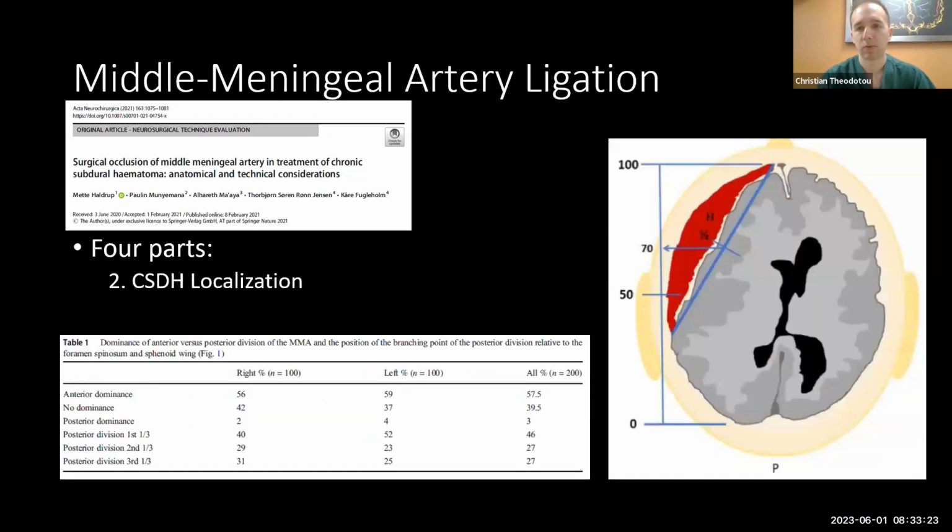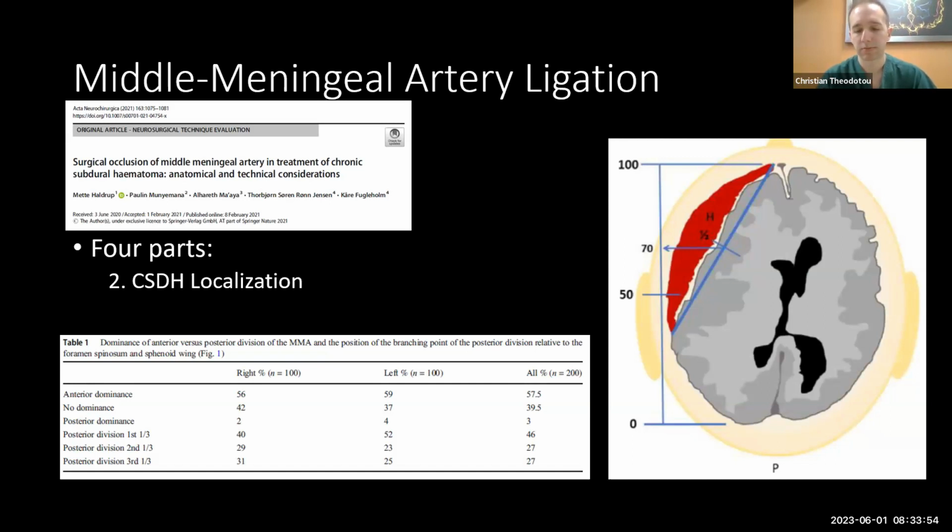The interesting thing about the study is they had different levels of how much technology you had, whether you had a CT scan or frameless neuronavigation, in order to treat these things without endovascular support. This is the way they were able to localize which branch of the MMA was feeding the subdural, or suspected to feed the subdural, and they've reported their results here.